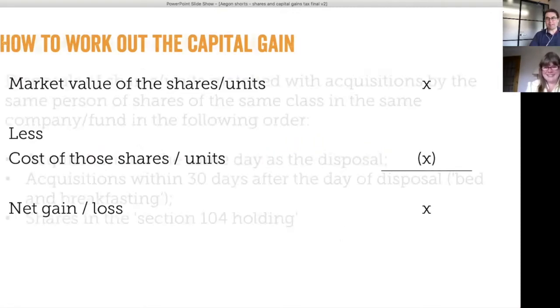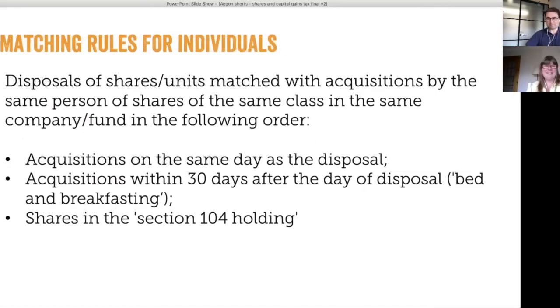So let's start off by looking at the matching rules. When we look at what cost goes into the calculation, there are some matching rules that have to be considered for individuals, and these rules will actually make a difference to the end calculation. Basically, any disposal of shares or units are matched.